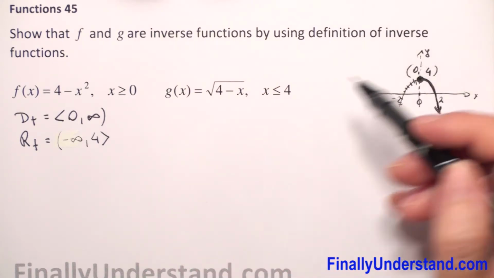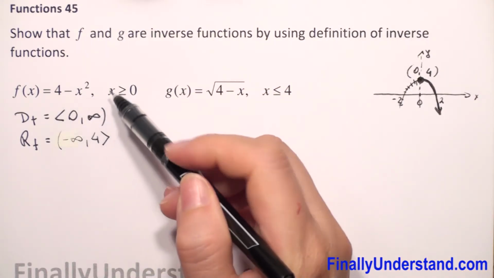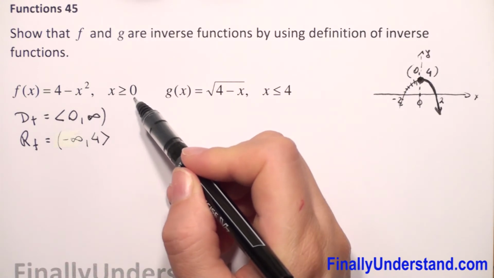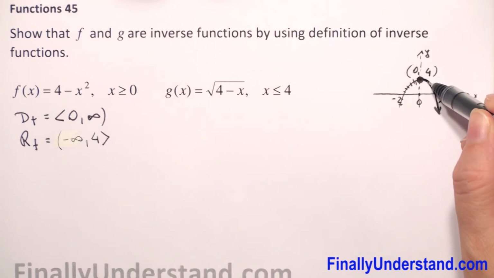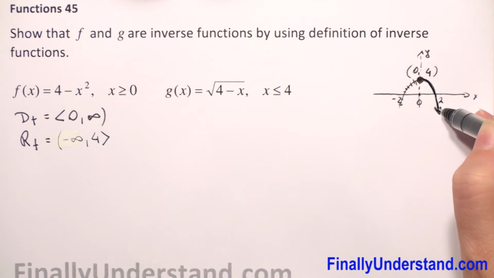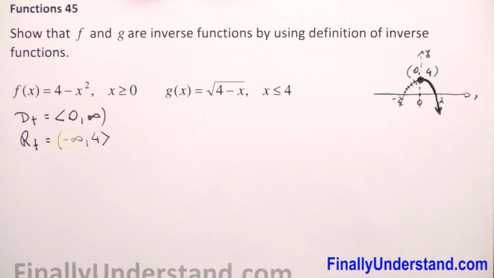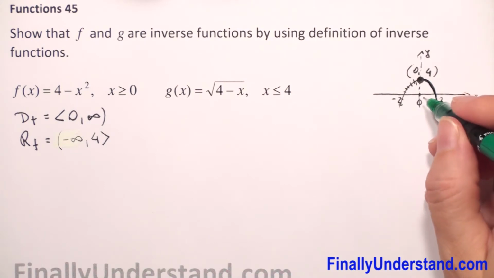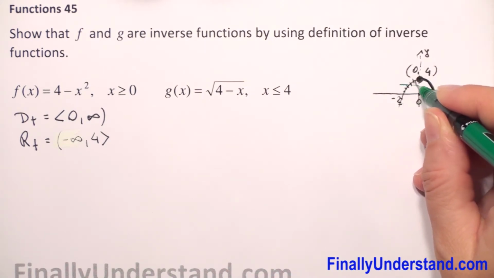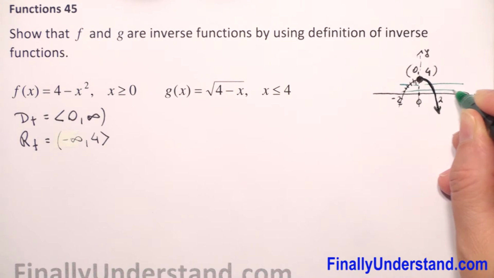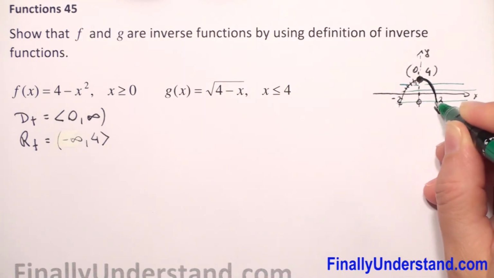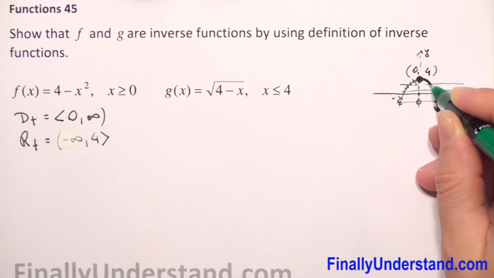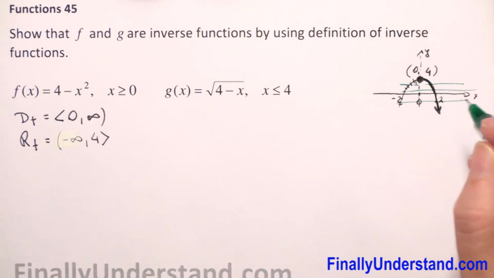When we consider this function 4 minus x squared only for x greater than or equal to 0, our function is 1 to 1. How do we check this? We have to draw a horizontal line. If the horizontal line passes our graph in only one point, always only one point, then this function is 1 to 1.